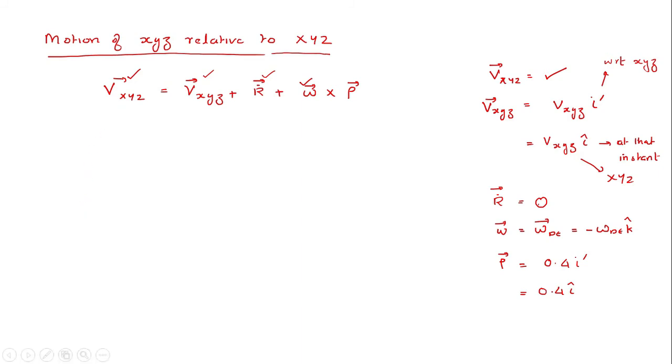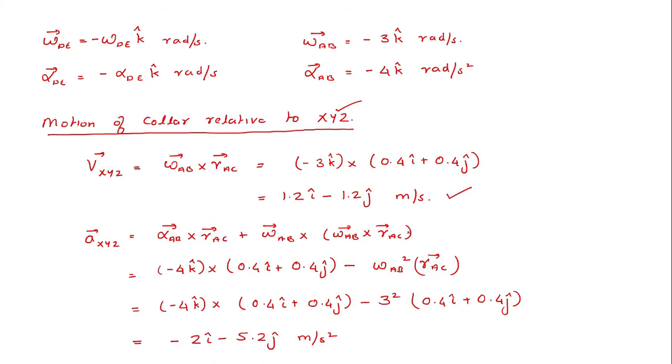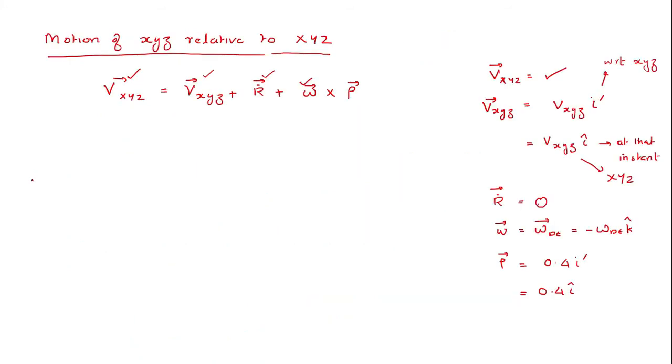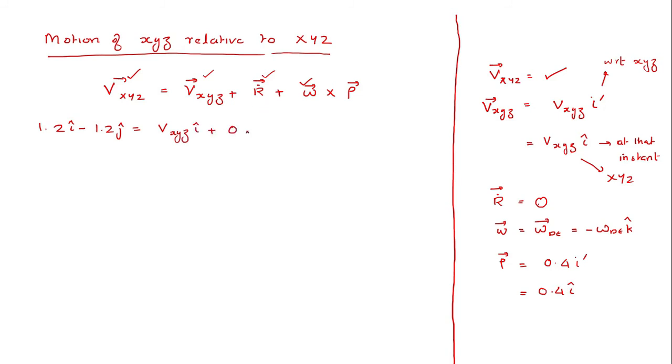V capital XYZ we have already obtained from here, so I'll substitute it here: 1.2 into I cap minus 1.2 into j cap is equal to, just let me draw a line here so that you don't get confused, v small xyz vector, which is equal to, from here, the magnitude Vxyz into I cap plus r dot vector, which is 0, plus omega vector, that is minus omega DE into k cap, cross rho vector, that is 0.4 into I cap.